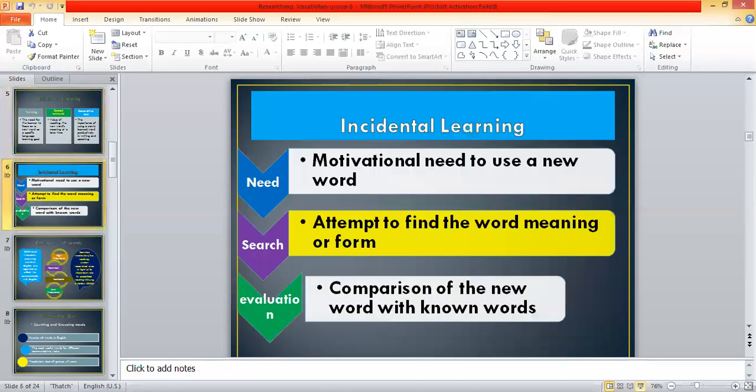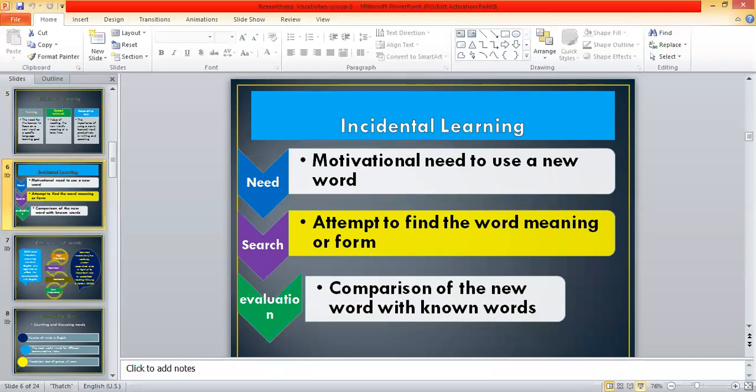And the next one is all about incidental learning. So we also have three things that we have to bear in mind. The first is need, which is the motivational need to use a new word. For example, you listen to songs and you learn some words incidentally. Then there is search, an attempt to find the word meaning or form.